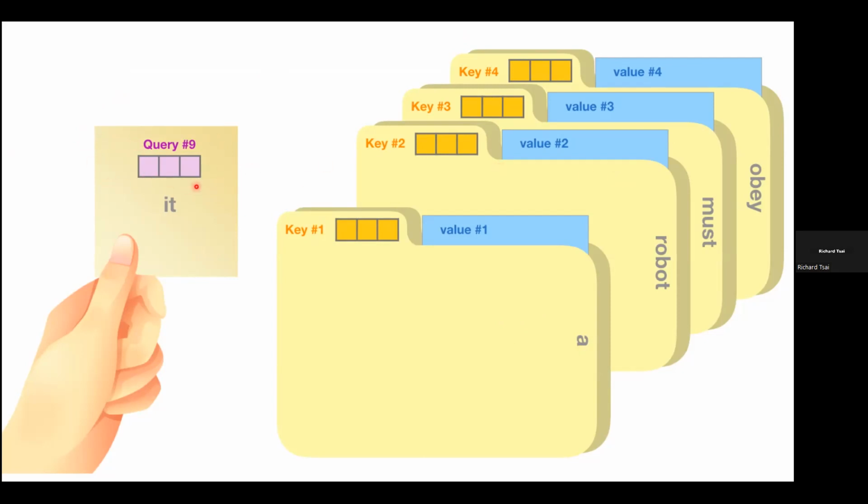We can calculate the dot product of query 9 and key 2, and we can dot product query 9 with key 3 and any key. Then we can get the score of each word, each token.